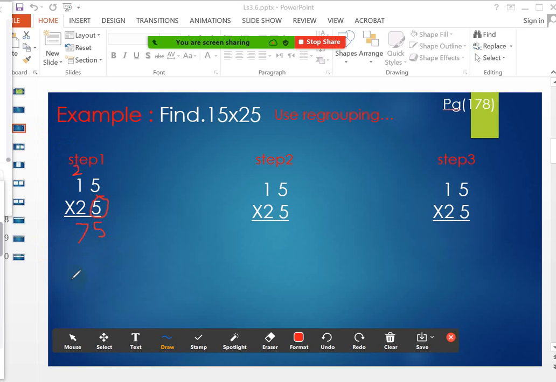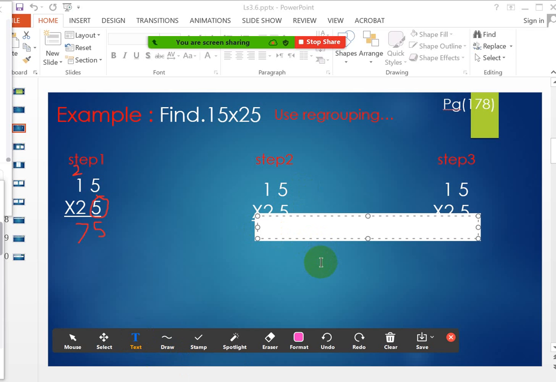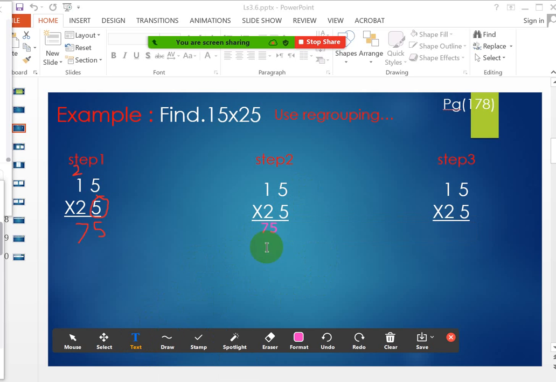Now, after that, what do I have to do? I have to multiply the 2 with 15, okay? So I will write the first number. Okay? The first number was 75. I will write it with another color. Maybe someone of you can't see the pink, as you said.